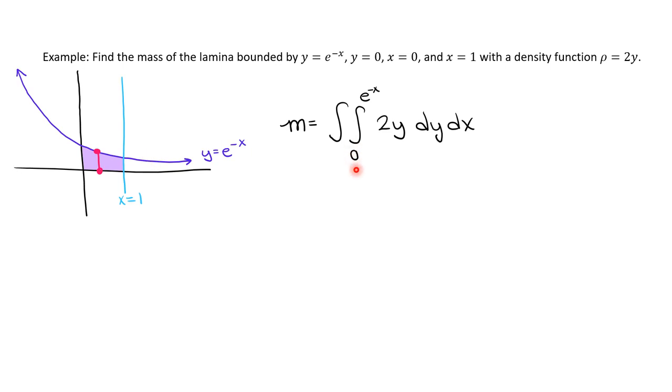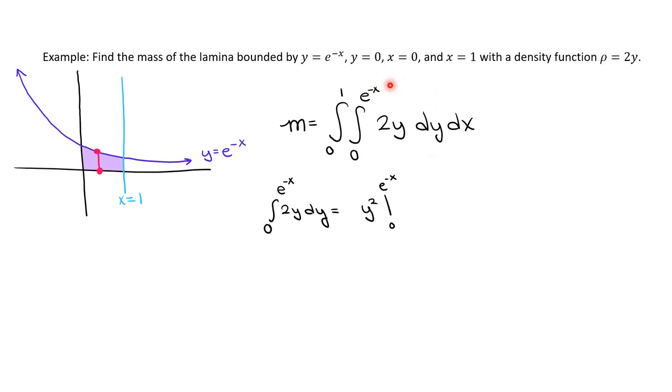So my bounds of integration go from y equals 0 to y equals e to the negative x. And then for the x values, we're starting at x equals 0, and we're stopping at x equals 1. So this integral is going to give me the mass of the region that I have shaded in.